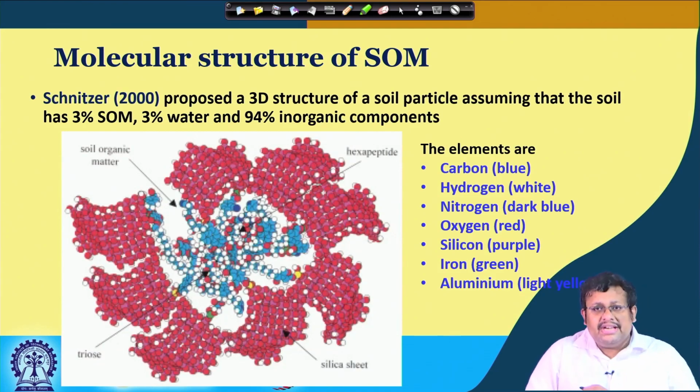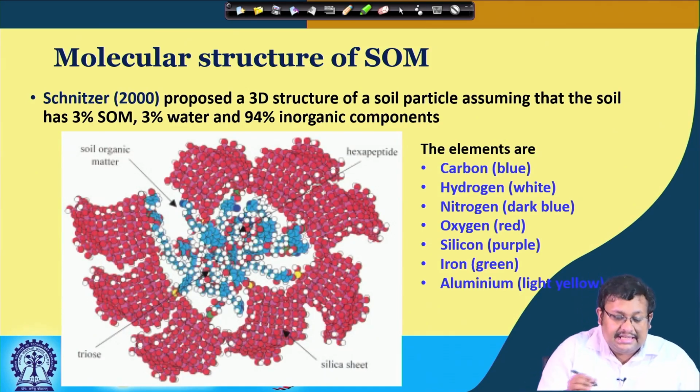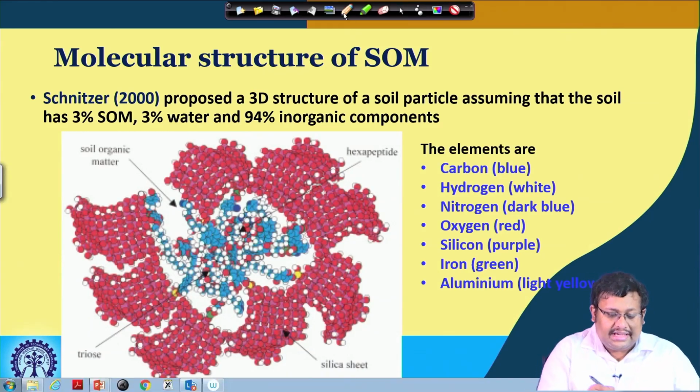And also Schnitzer in 2000 proposed a 3D structure of a soil particle, assuming that the soil has 3% soil organic matter and 3% water and 91% inorganic components. So, as you can see, this is basically a 3D structure, and we can see the soil organic matter and then trioses, silica sheets and hexapeptides also are there.